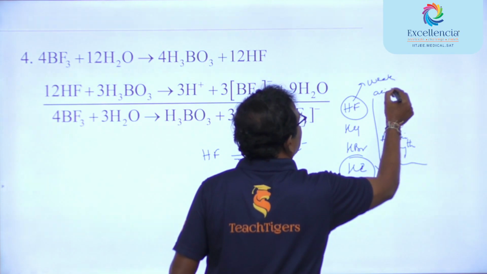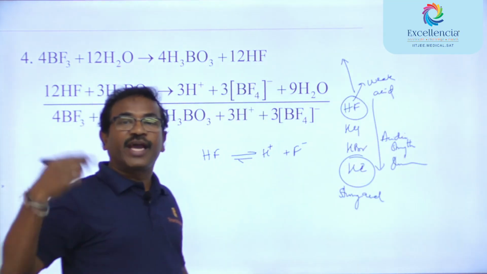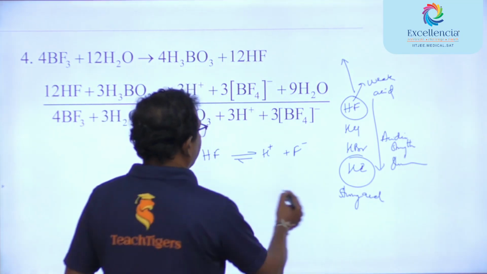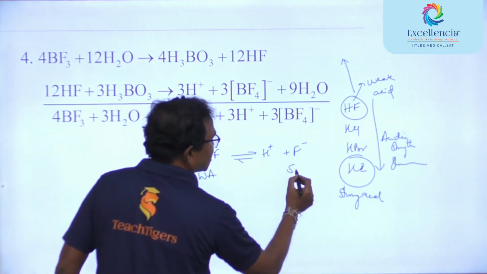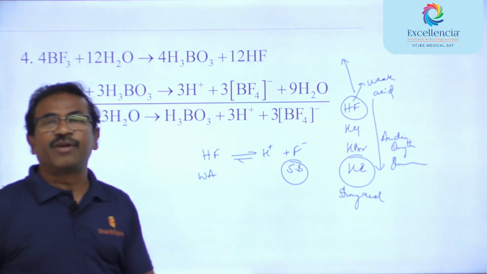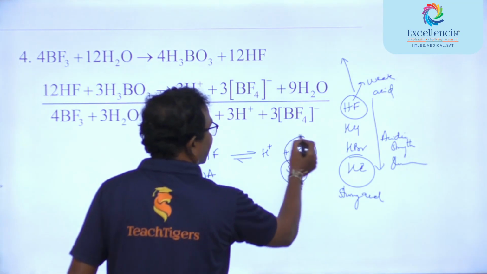And you learned one more point: the conjugate of a weak acid always results in a strong base. It means if HF is a weak acid, its conjugate is a strong base. A basic concept which you learned from ionic equilibrium in your 11th standard. So fluoride is a strong base.